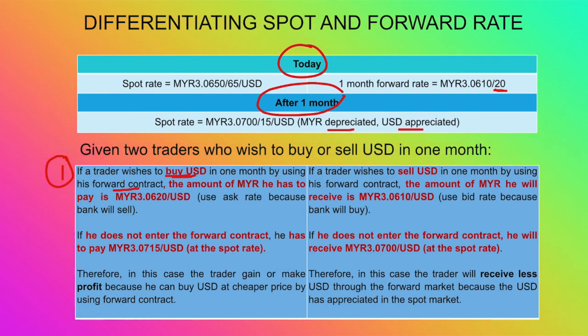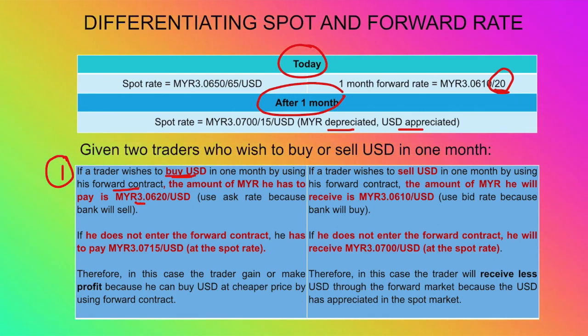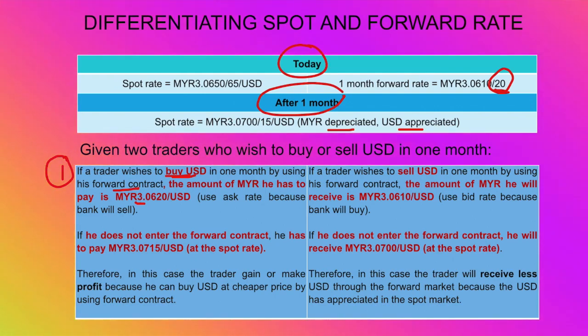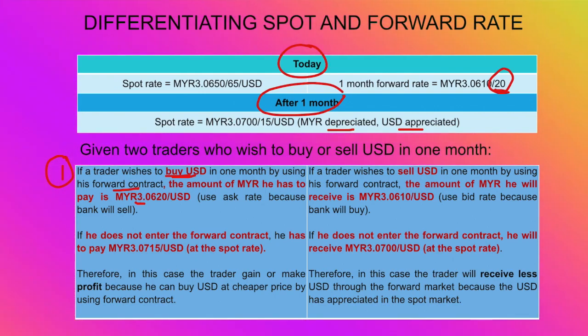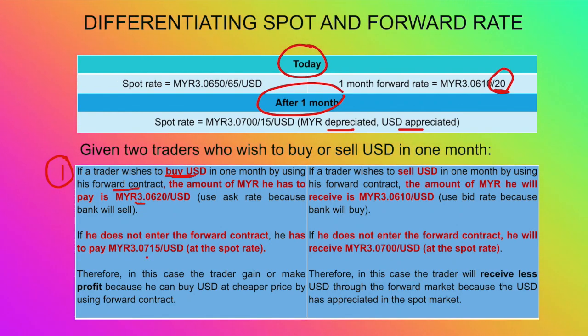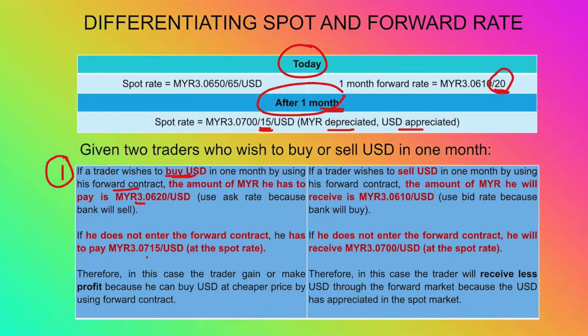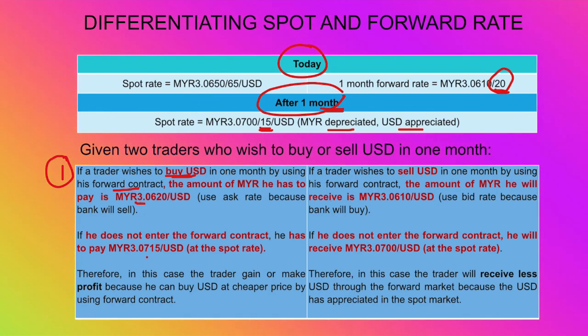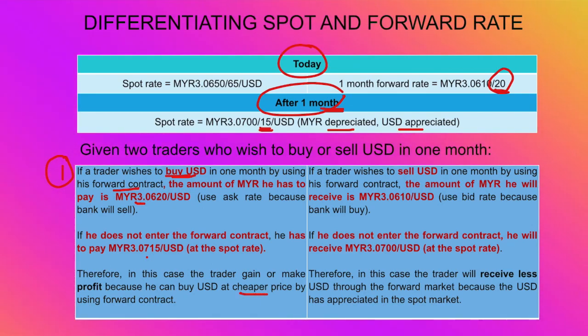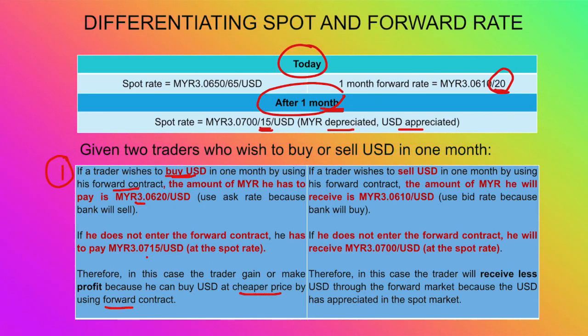Therefore he has to pay 3.0620. If he doesn't enter the forward contract, he has to pay 3.0715 at the spot rate after 1 month. Therefore, in this case, the trader gains or makes a profit because he can buy US dollar at a cheaper price by using the forward contract.